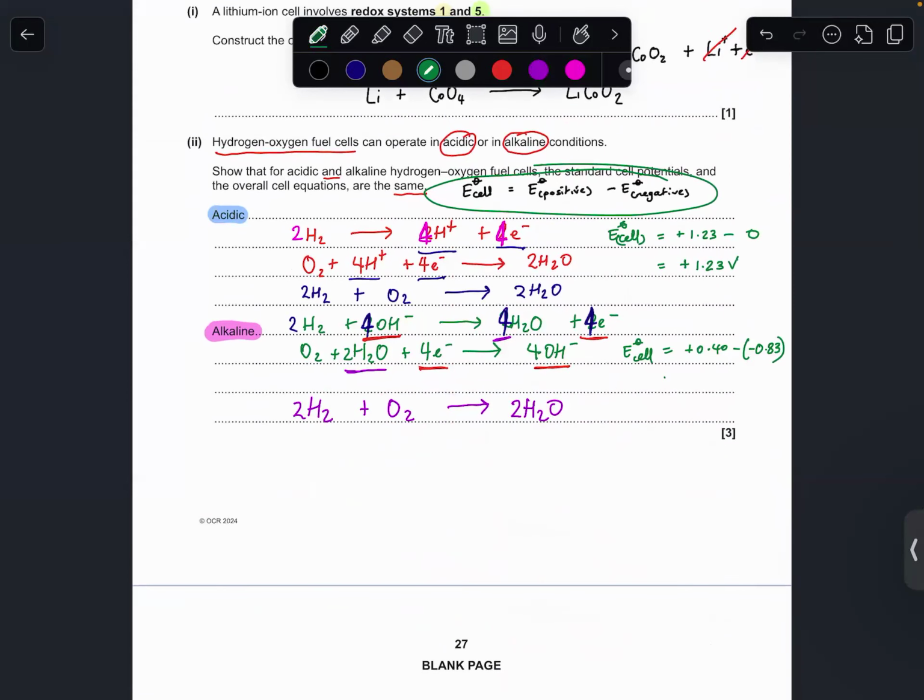And that gives you plus 1.23. Again, ladies and gentlemen, you'll notice that the electrode potential of the cell of a hydrogen-oxygen fuel cell will be the same, irrespective of whether it's under acidic or alkaline conditions. And with that, you'll get all 3 marks.